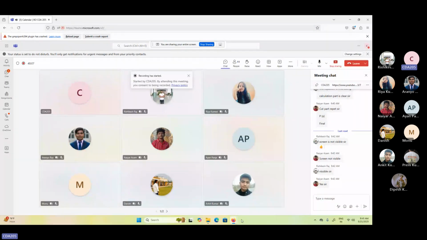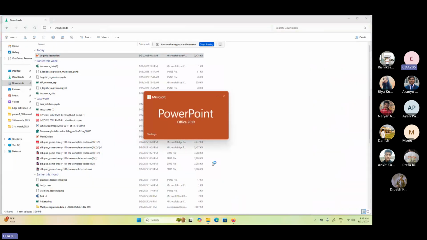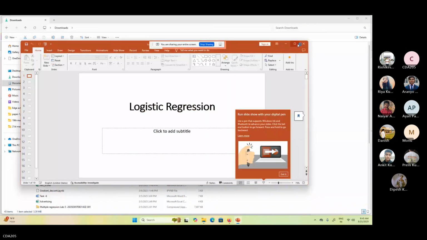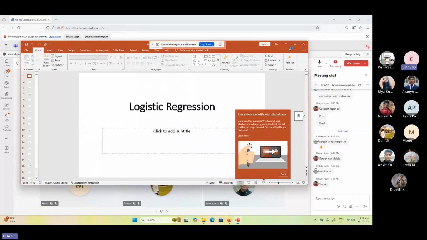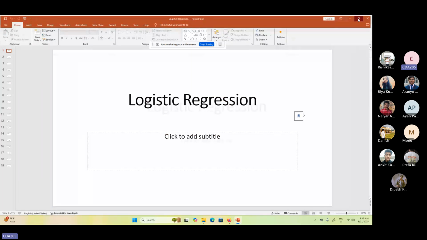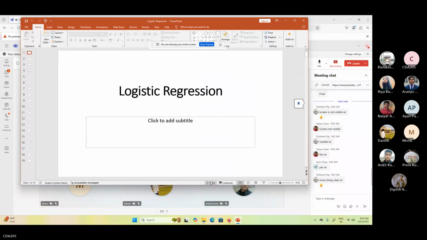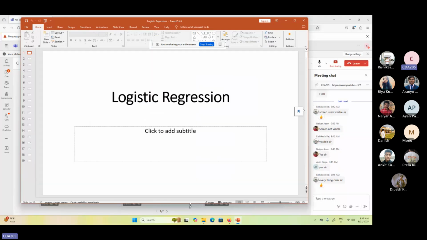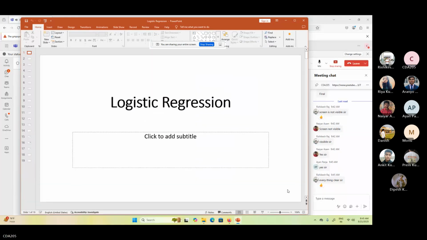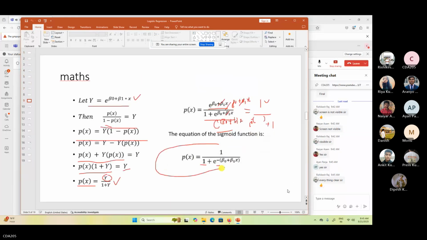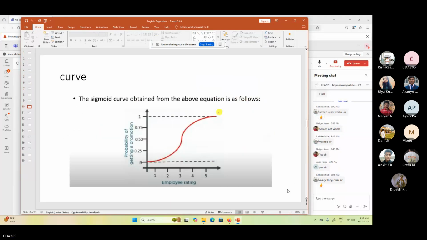Okay, so is everyone clear with this? Are you clear with this? So from the above equations, when you put in the values, we can get the curve.